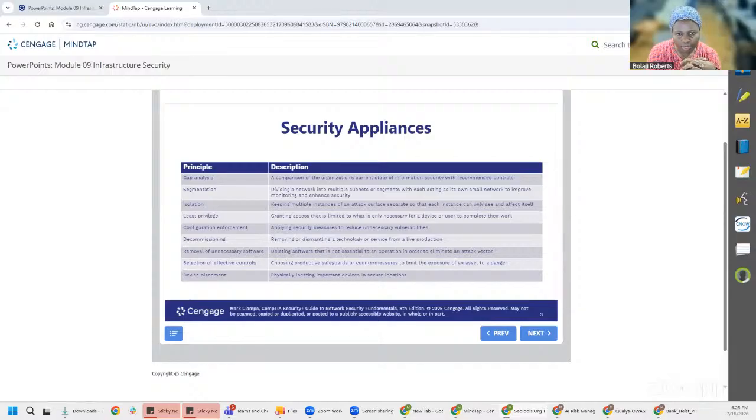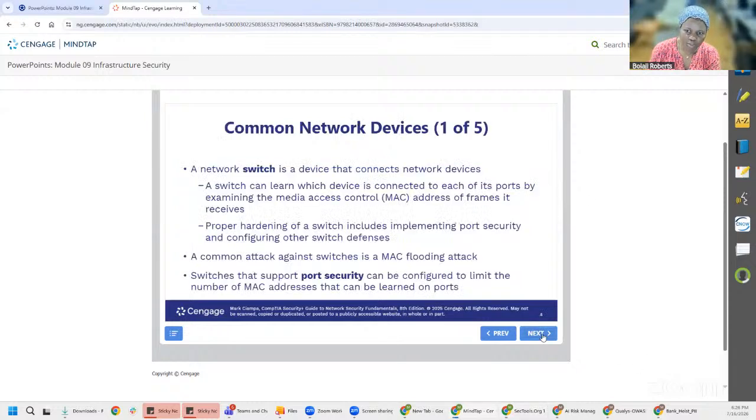Physically locating devices in a secure location is also very important. I don't know that any one of us is able to walk into the college's data center or even know where it is, right? Even if you know where it is, you must be working for the college to get that type of access. So physical device placement is important.